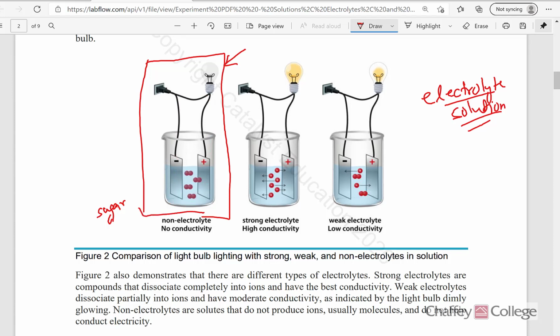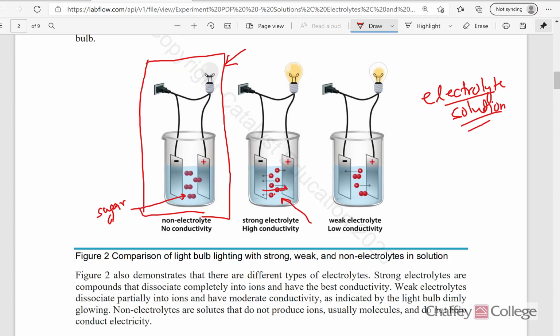Now, instead of a covalent compound, if we add some ionic compound and it dissolves in water, it forms individual ions. Now these individual ions, because they have a positive and negative charge, can conduct electricity. They carry charge and they move throughout the solution.